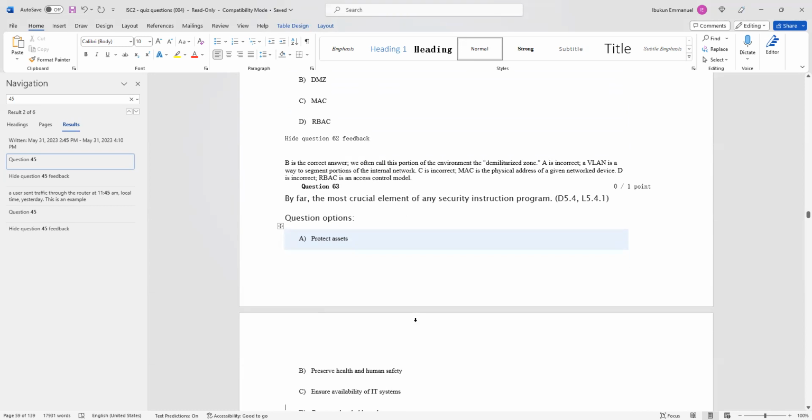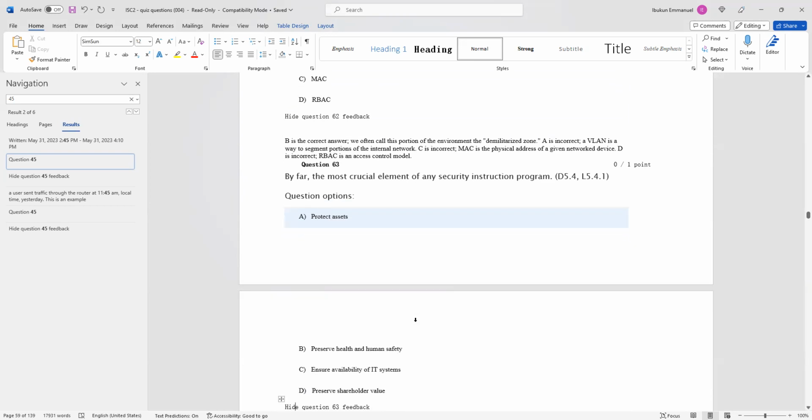By far, the most crucial element of any security instruction program is what? Now, can someone tell me the answer to this question in the chat window? What is the most crucial element of any security instruction program? Let's put that in the chat window, please.